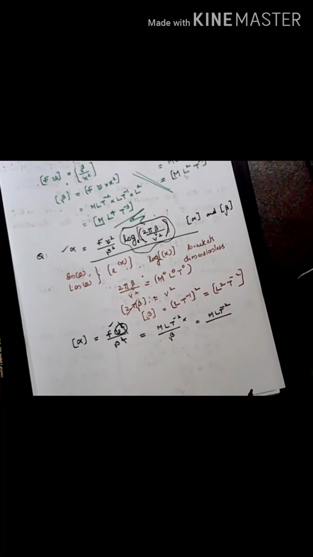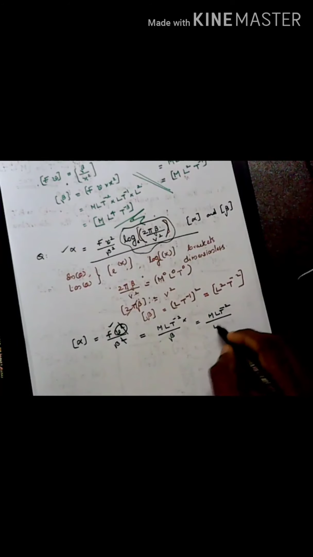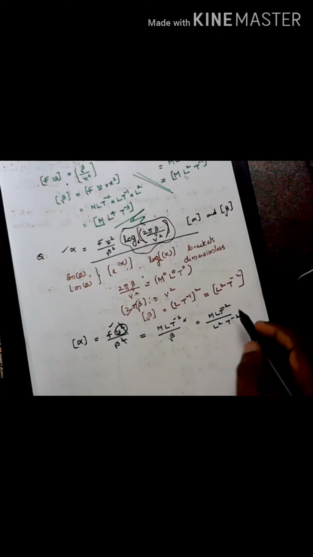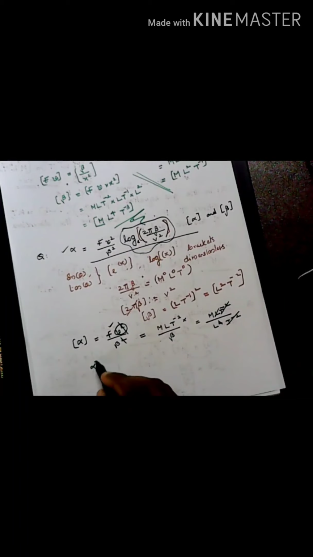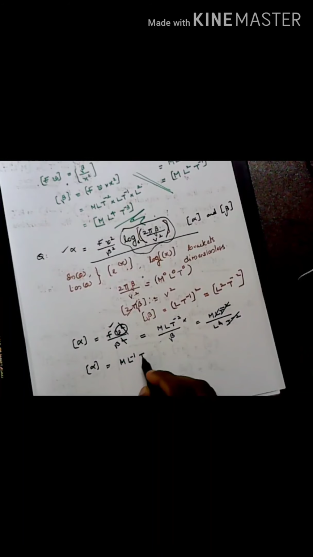V square, that is beta. So 1 beta cancel. So that division by beta, that is equal to m l t raised to minus 2 divided by that beta, which is l square t raised to minus 2. So t raised to minus 2 cancel. 1 L cancel. So alpha got the value equal to m l raised to minus 1 only. So that is the answer for the problem.